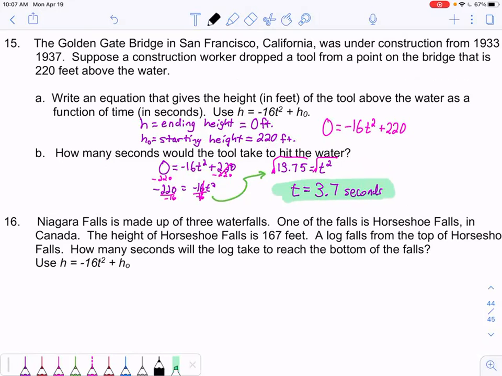so we're going to go 0 is going to equal -16t squared. And then now is where you put the initial height of 167. So all we're doing is we're plugged in and now we're going to solve.